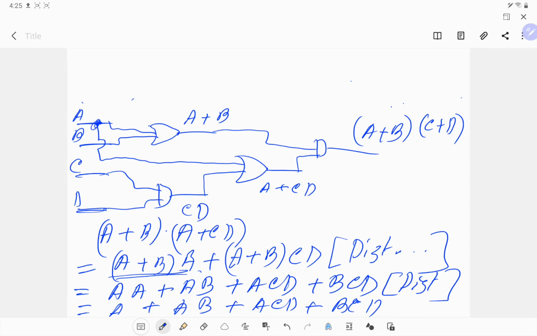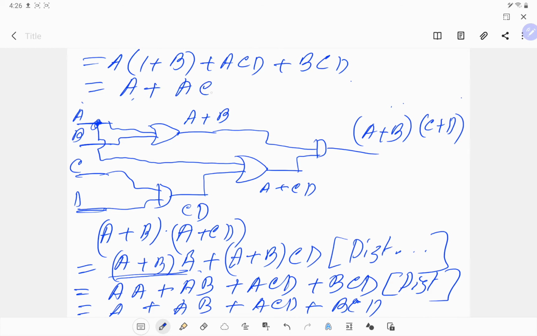Now, again the distributive principle: A times (1 plus B) plus ACD plus BCD. We know that 1 plus B equals 1, then A times 1 equals A. So we got A plus ACD plus BCD.